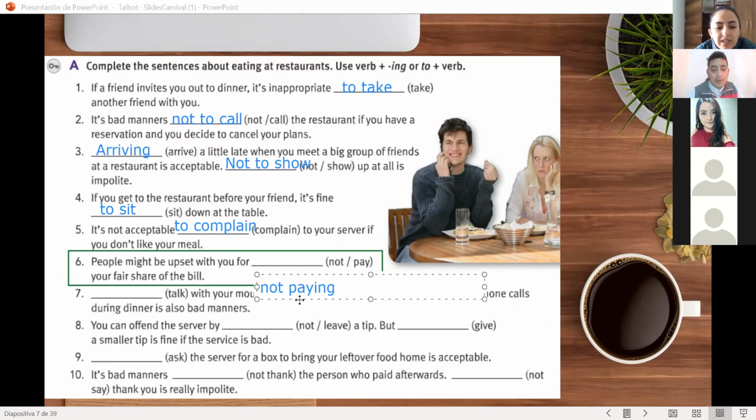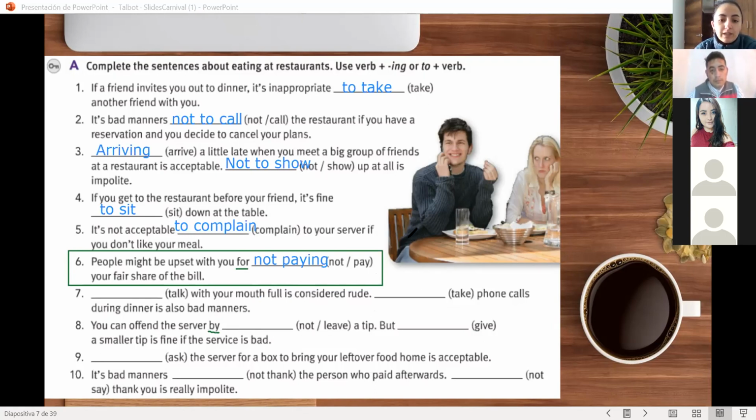En ese caso ustedes tienen una preposición. La preposición es for, ¿no? Aquí dice, la gente se puede enojar por, cuando tengan una preposición como for, by, van a tener el siguiente verbo con ing. En este caso, por no pagar, ¿no? For not paying your fair share of the bill.